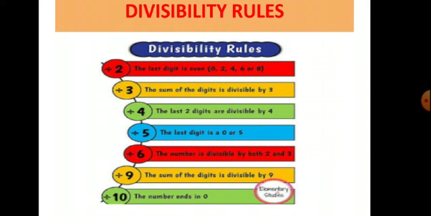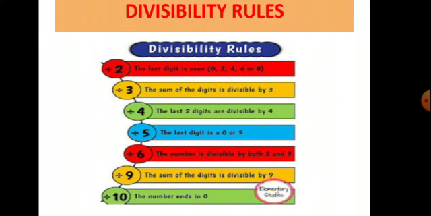The number is divisible by 6 if the number is divisible by both 2 and 3. That means if the number is divisible by 2 as well as by 3, then the number will be divisible by 6 also. Now the number is divisible by 9 if the sum of the digits is divisible by 9. The divisibility test of 9 and 3 is almost the same.